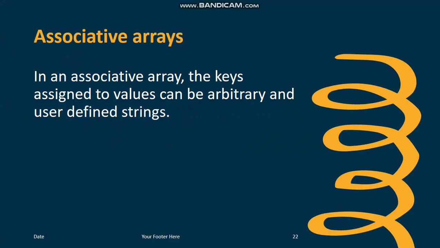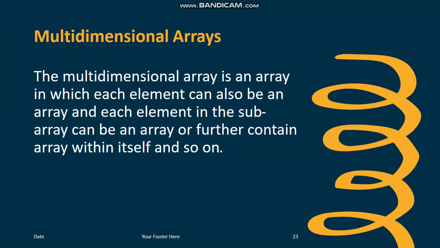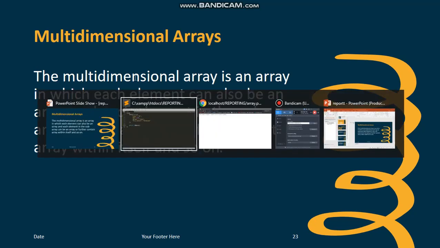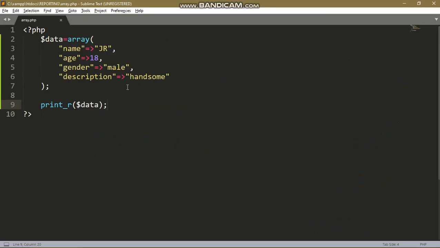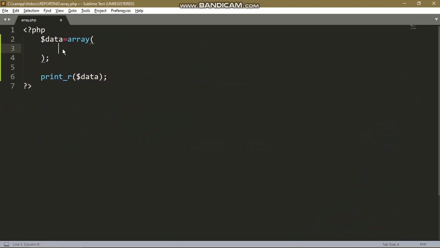Last is ang multidimensional arrays. The multidimensional array is an array in which each element can also be an array, and each element in the subarray can be an array or further contain an array within itself, and so on. So let's take for example ang data.